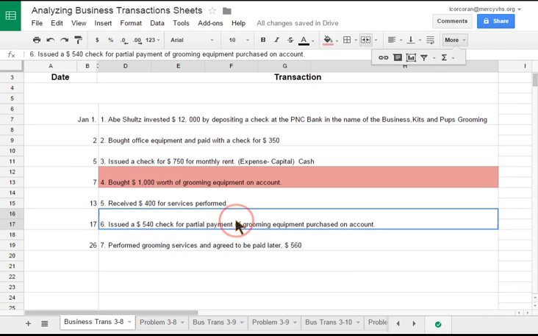I'm going to go into my number 6, issued a $540 check for partial payment of grooming equipment purchased on account. So when I see purchased on account, I have to reread this again. We issued a $540 check, so I paid a cash payment for that previous credit.